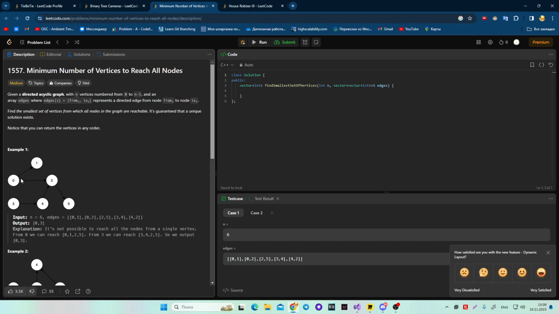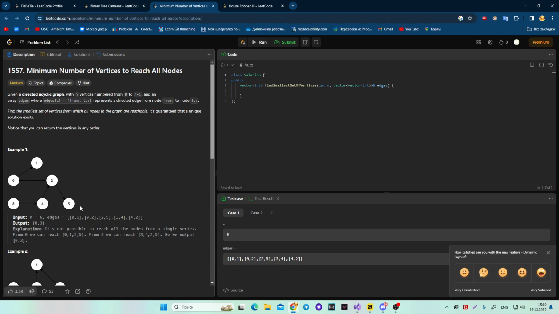Once again, I thought that in this task you need to find a minimum vertex cover, but in this task we find just some set.